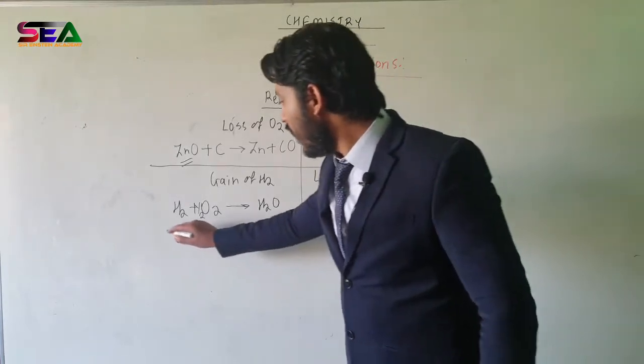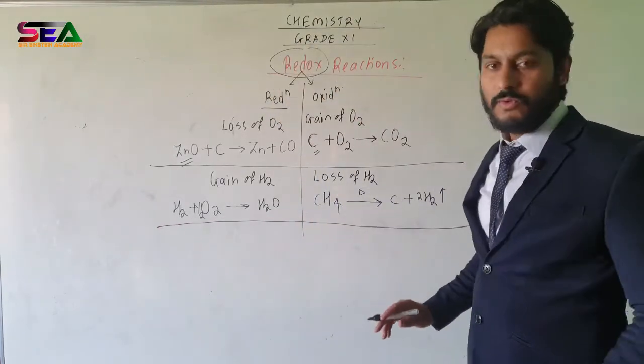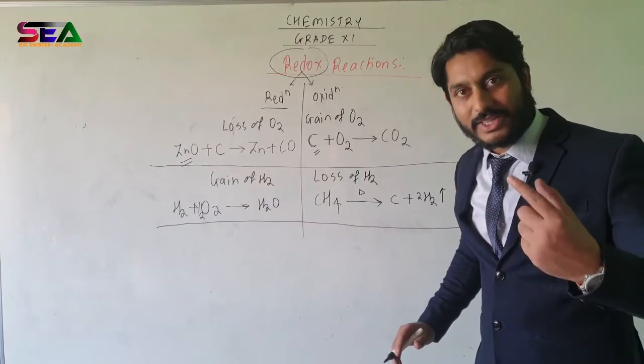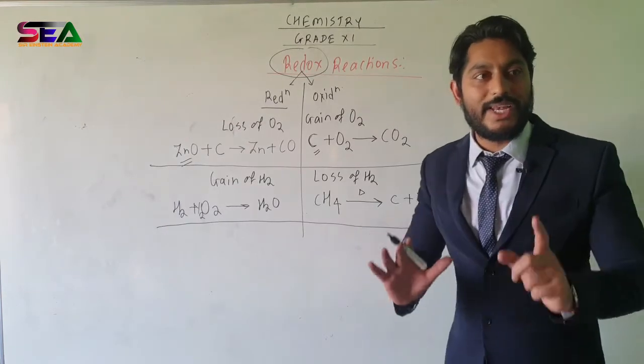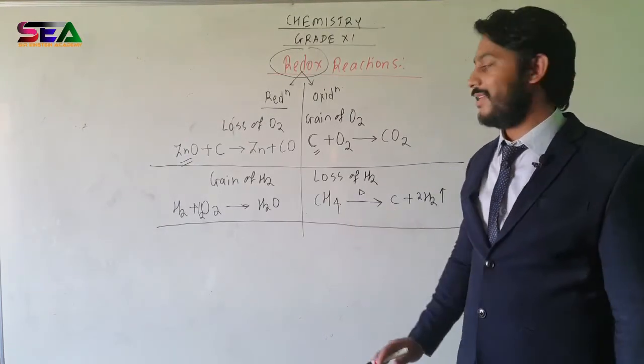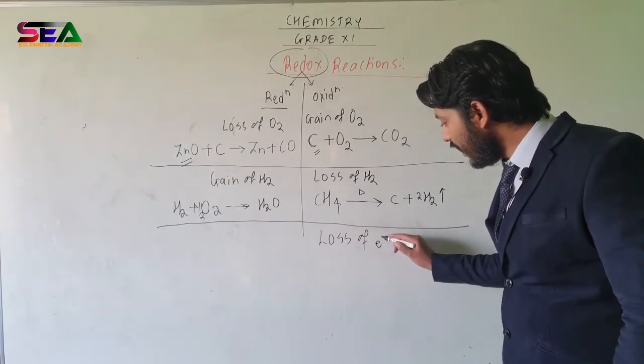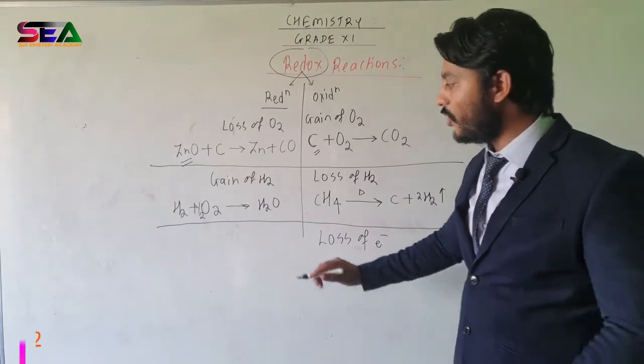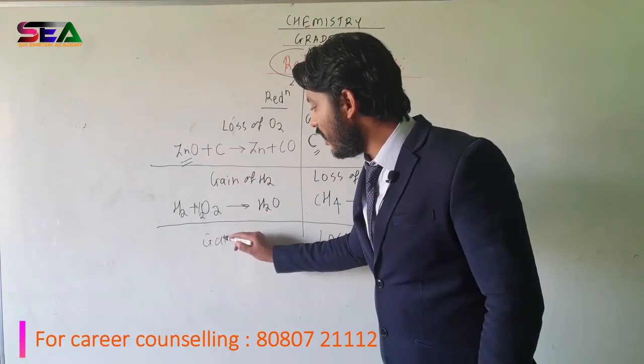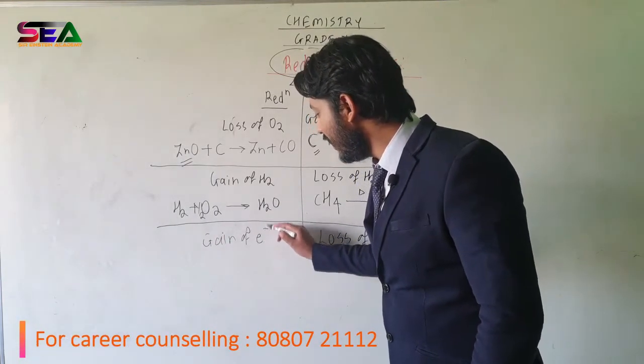Now, the third and the most familiar for the chemistry of grade 11th and 12th is in terms of the electron transfer process, according to which loss of electron is oxidation and, opposite to loss, gain of electron is said to be reduction.